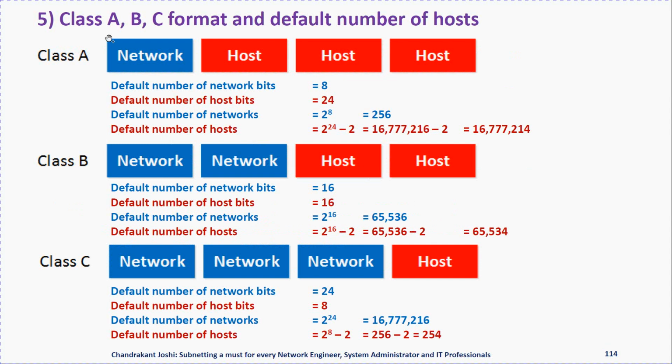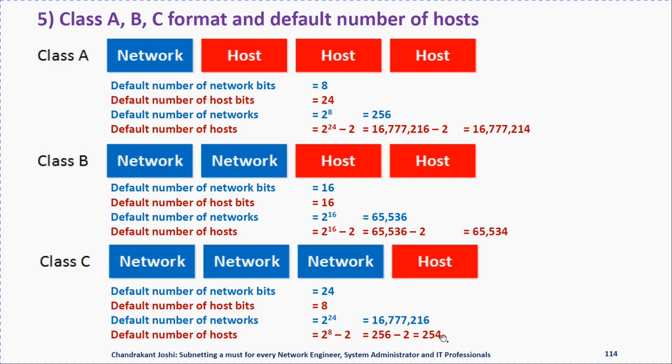In class A, B, C format and default number of hosts: for class A the format is network host host host, and we already found this out. For class B the format is network network host host, and we have already calculated this. For class C the format is network network network host.